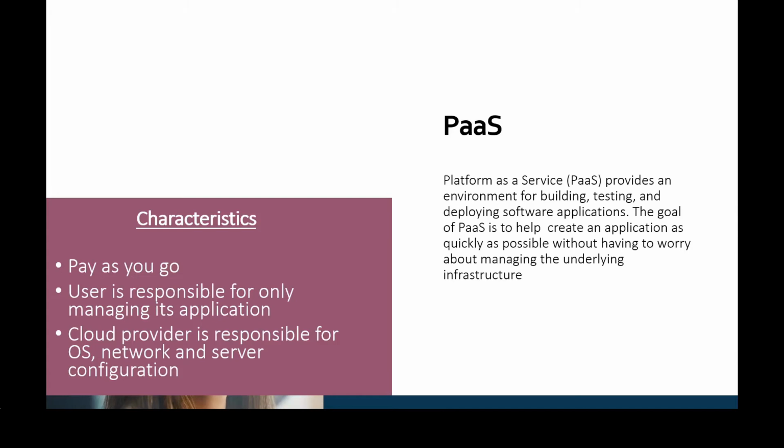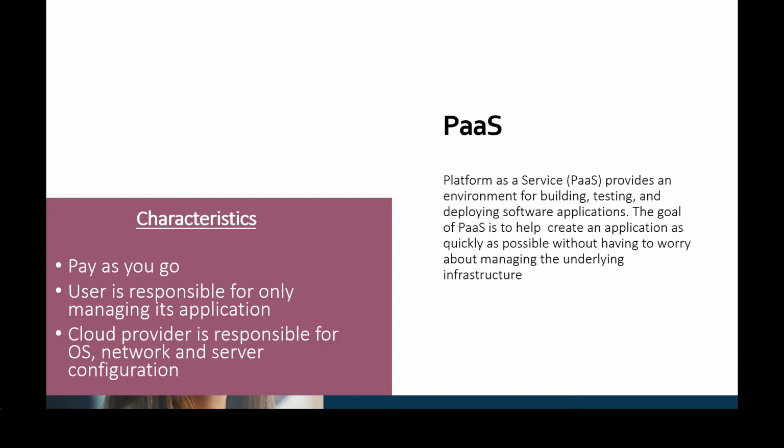Operating systems also will be provided by the cloud provider. All of the security patches and maintenance, maybe weekly maintenance, monthly maintenance, all of these things will be maintained by the cloud provider. Being an end user, I just need to maintain my application and the data part. That's it. So here are the characteristics.